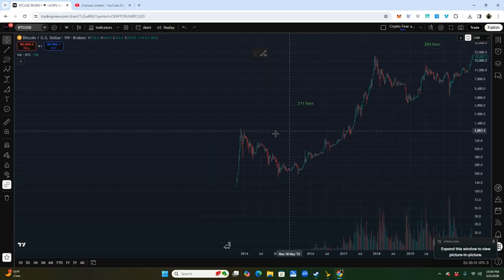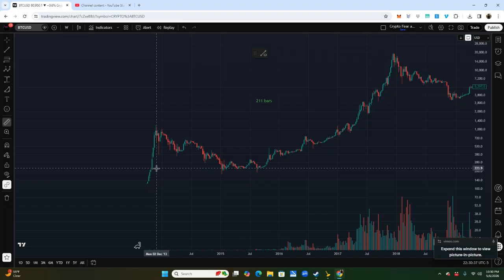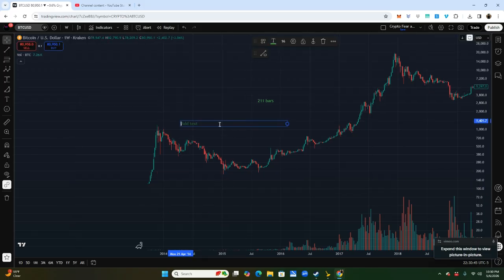Then we're going to go from the top to the first bottom. The top to the first bottom here is 59 bars. So 59 bars to the first bottom.